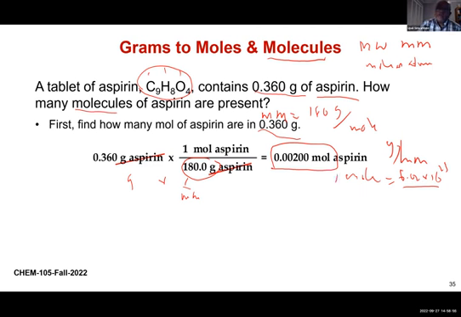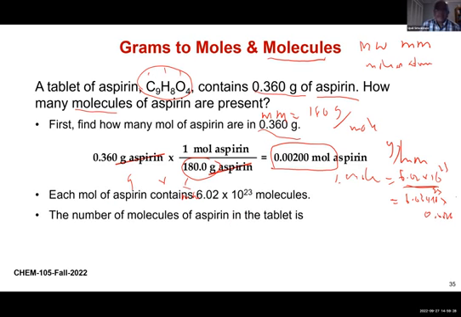Therefore, if 1 mole contains this many, 0.00200 moles would be Avogadro number multiplied by 0.0020. It's calculated here.